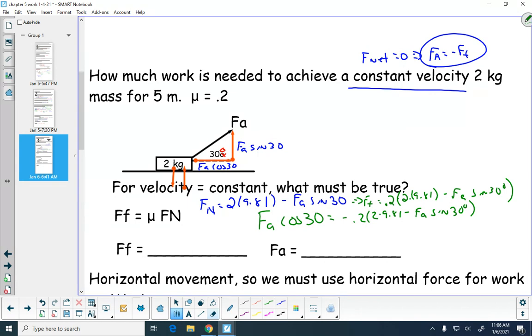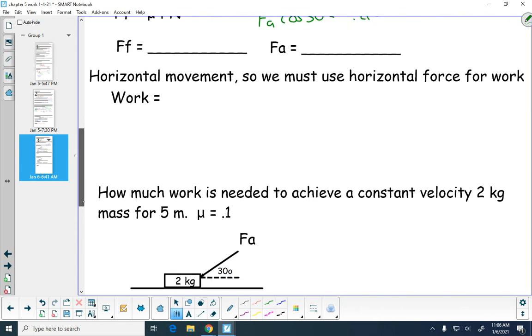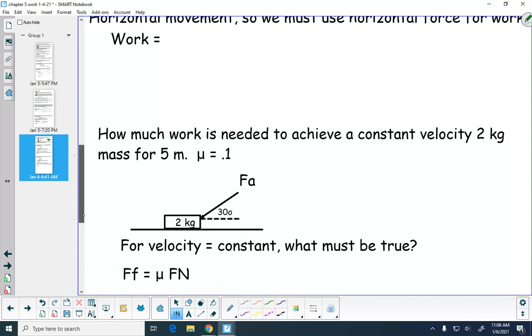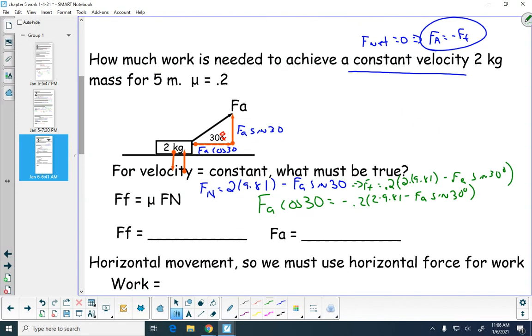Once again, I should have saved this problem until maybe Monday to work it together. So we can distribute our 0.2 through.